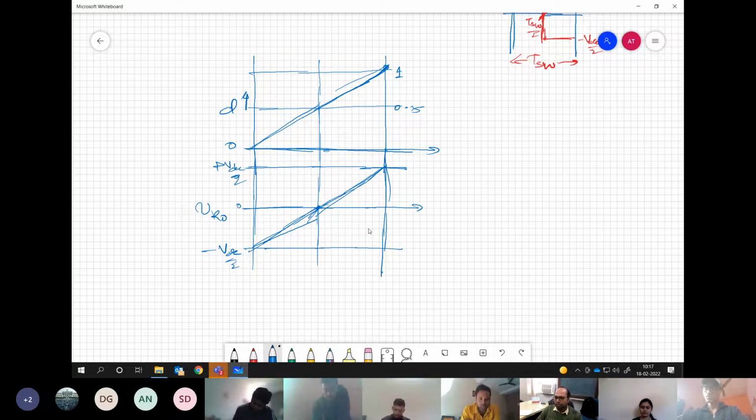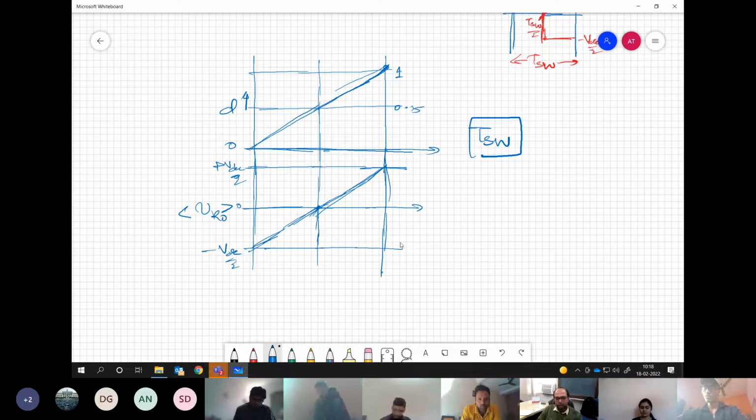Understanding my point? So this is one mechanism through which we are able to generate any VRO on an average basis. See, I'm not saying what is the instantaneous value. I'm talking about the average value of VRO over the switching cycle TSW, over the switching time period TSW.